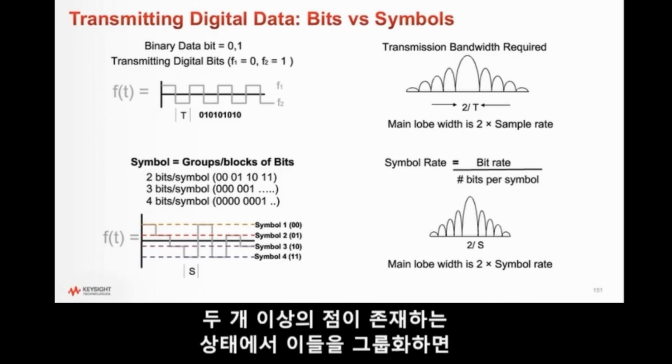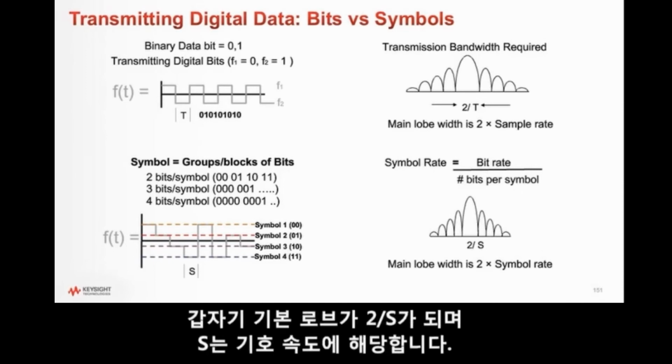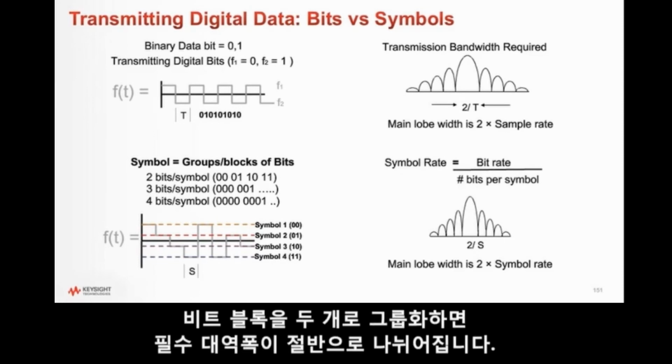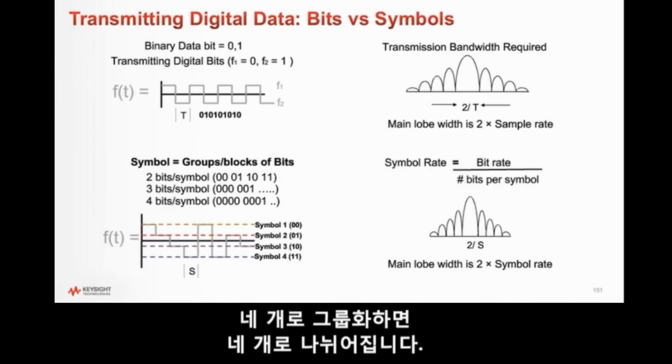Now, if we start grouping those up and we have more than 2 points, all of a sudden our main lobe is 2 over S. S is the symbol rate, sorry. So if we group up blocks of bits into 2, now we've just cut our required bandwidth in half. If we group it into 4, we've just cut it down by a factor of 4.